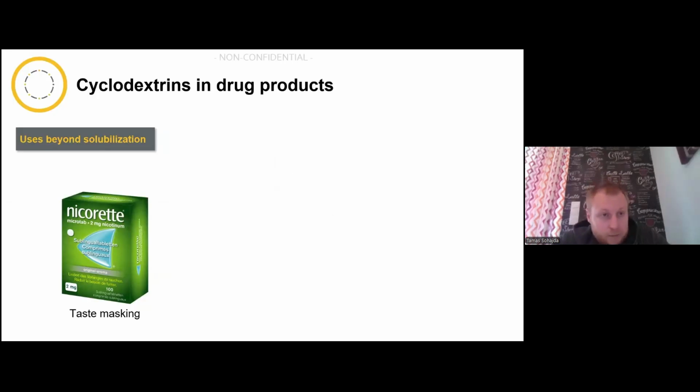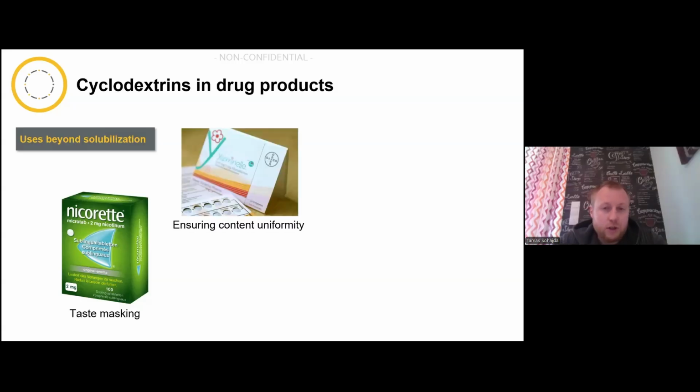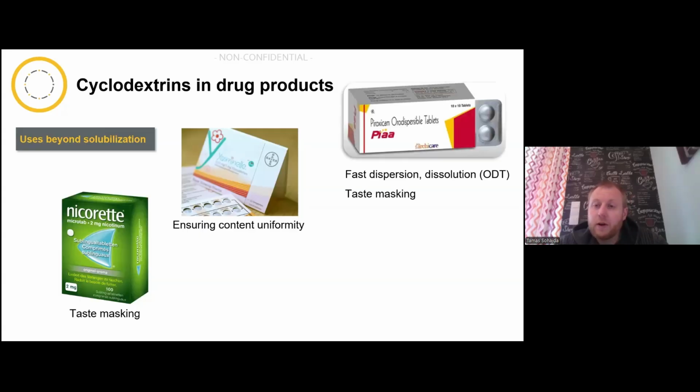So what kind of uses are out there for cyclodextrins? Apart from solubilization, you can use them for taste masking, to ensure content uniformity, especially for highly potent drugs. Technically, as a filler, similar to other oligosaccharides, but with further added values.